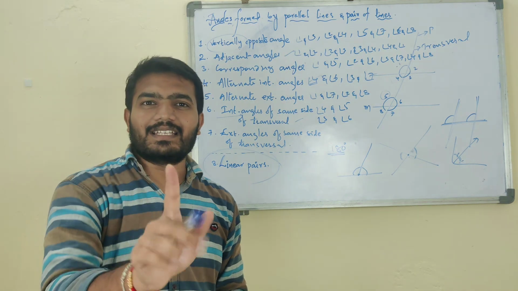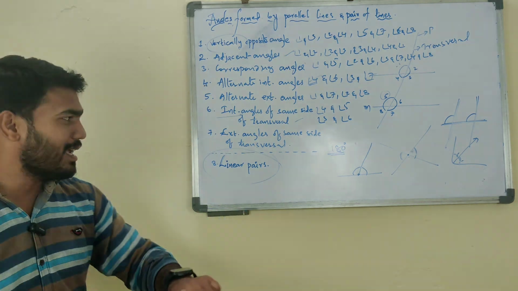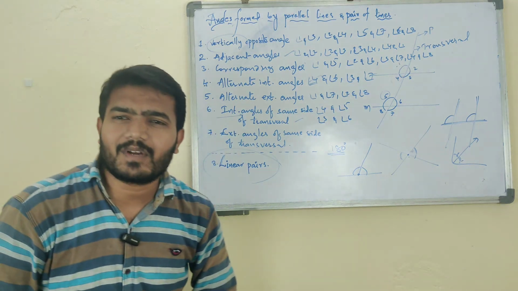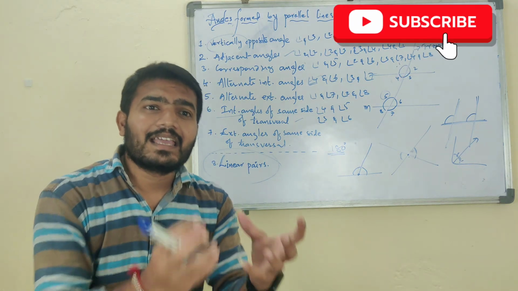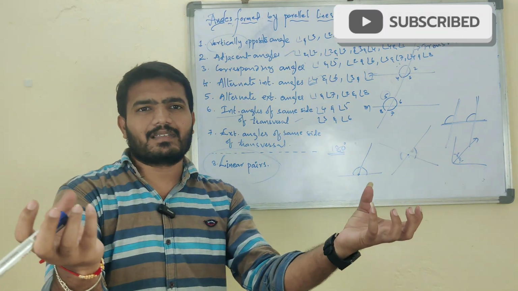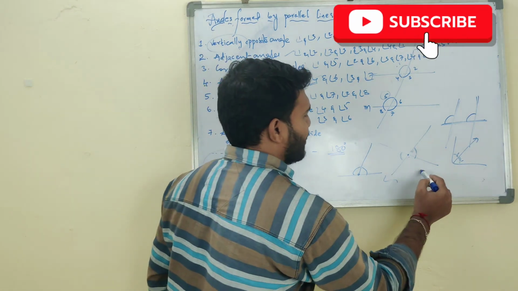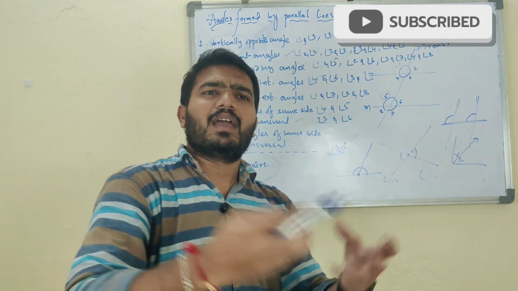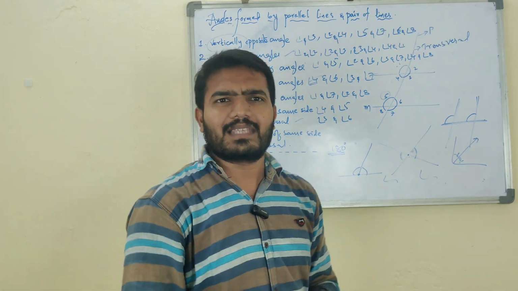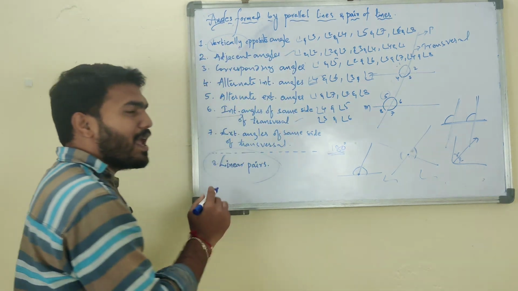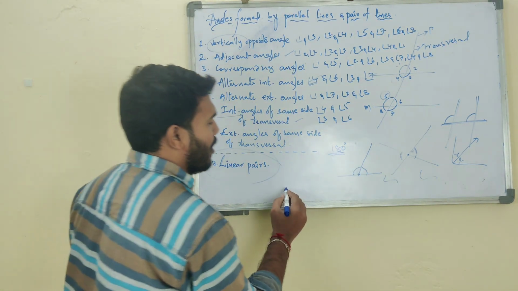But there is a difference between supplementary angles and linear pairs. What is the difference? Supplementary angles can be two different angles, meaning two angles can be at different places or at the same place. But linear pair angles will form on a straight angle.